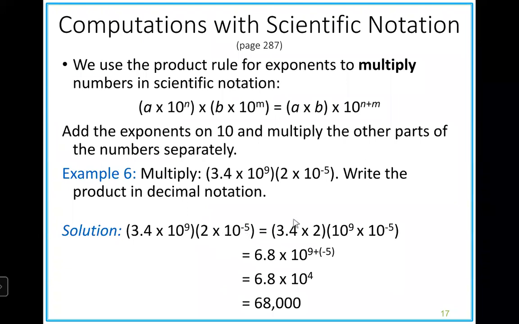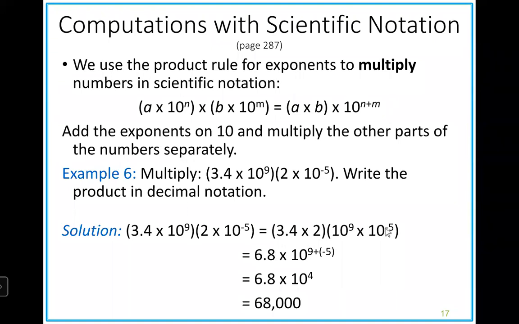So what they have done is to rewrite this 3.4 times 2, and then 10 to the 9 times 10 to the minus 5. So 2 times 3.4 gives you 6.8. And then 10 to the 9 times 10 to the minus 5.